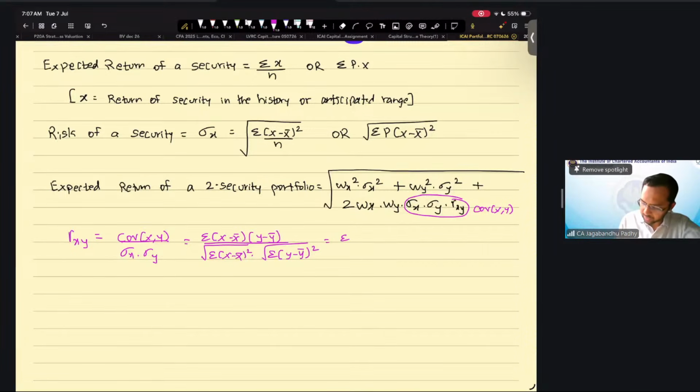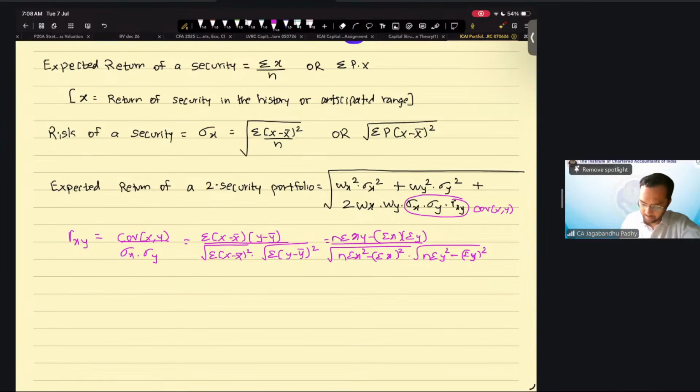Alternatively, you can also say this is n summation xy minus summation x into summation y, the whole divided by square root of n summation x square minus summation x the whole square, and then again square root of n summation y square minus summation y the whole square. These were the formulae for correlation.